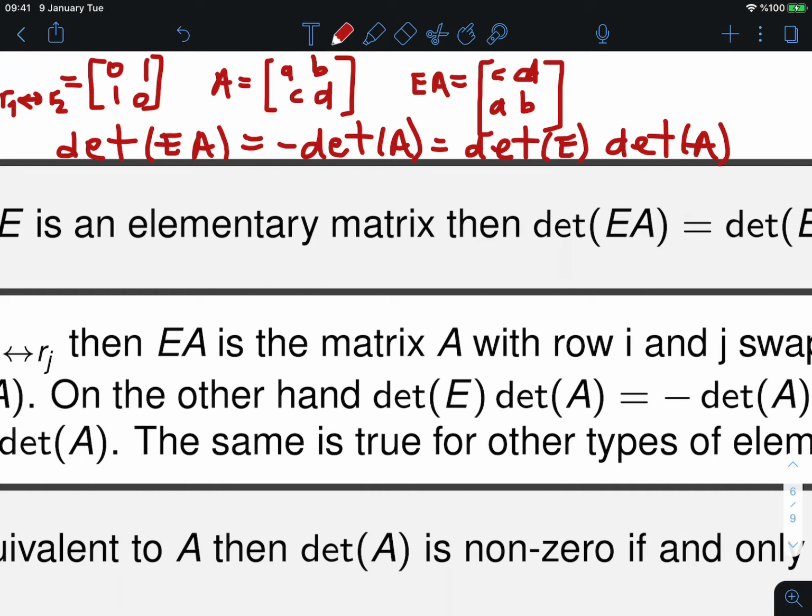Well, because determinant of E is, I'm sorry, it's minus 1. Okay?